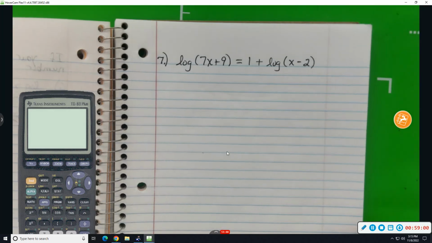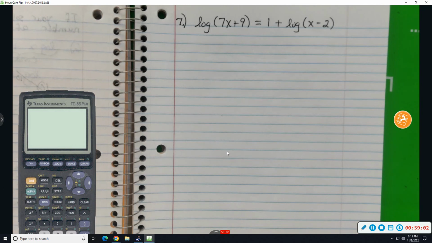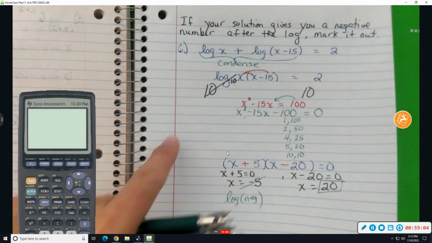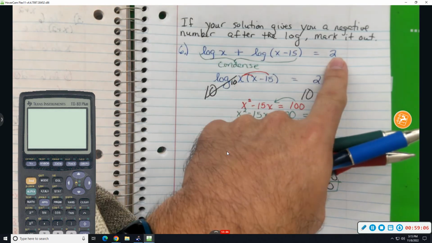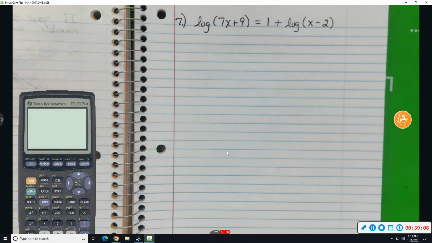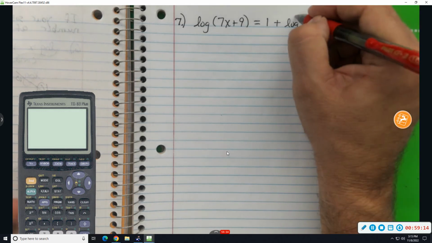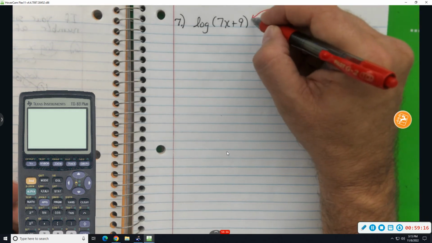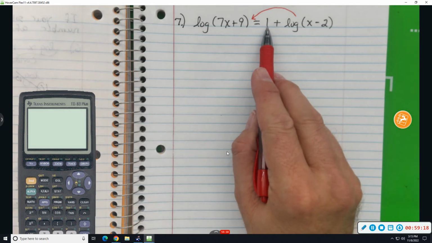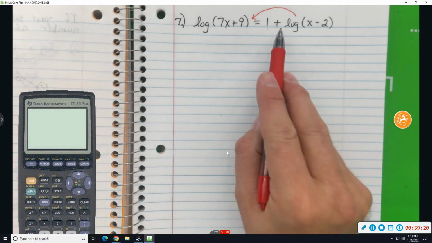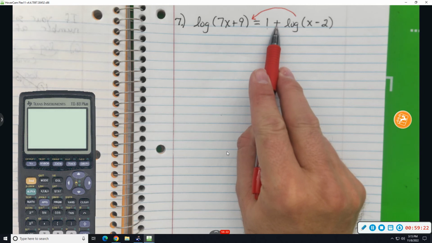We know how to solve it if it's log on the left, number on the right. What am I trying to say that we need to do on this one? Take that on the right and move it. Perfect. Get the number by itself by moving that logarithm. It's going to change this sign.